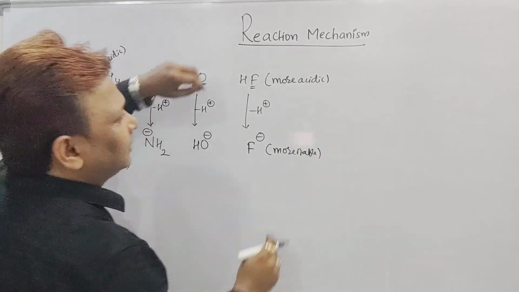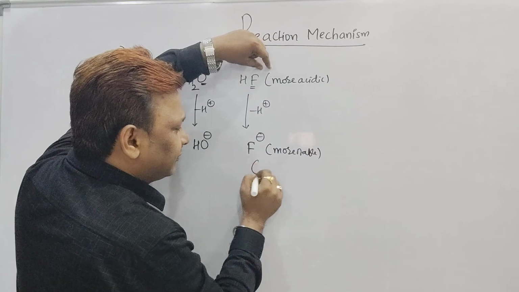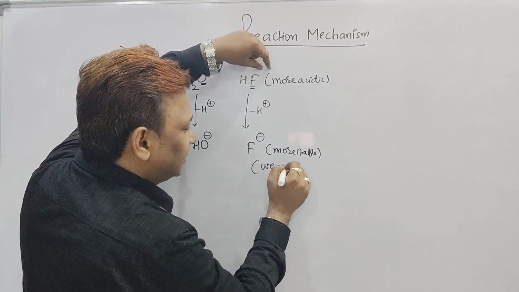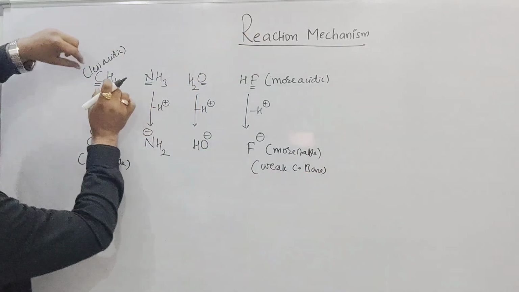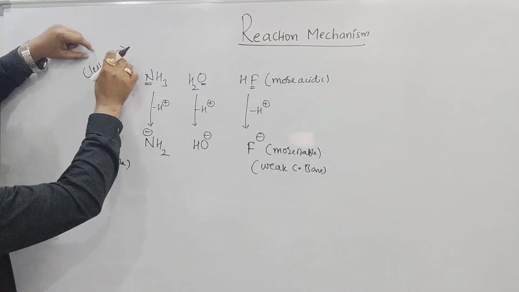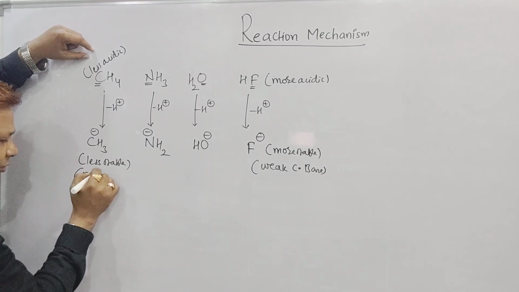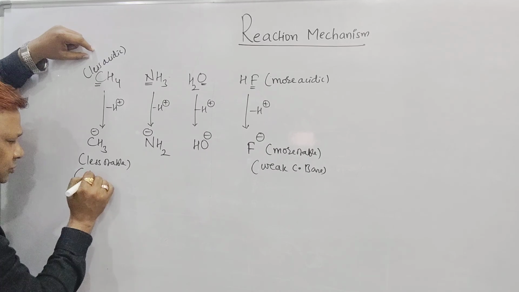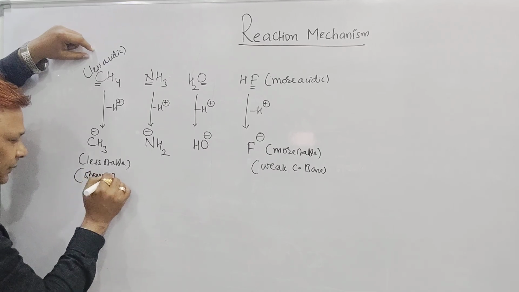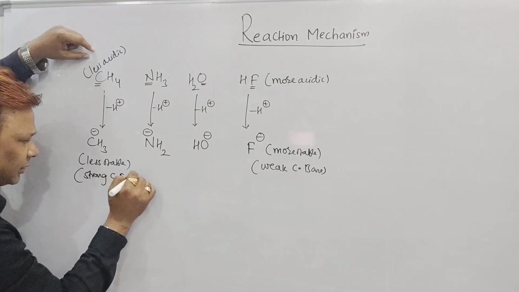Now you tell me, beta, if your acid is strong, its conjugate base is what? Yes, sir. It is a weak conjugate base. Beta, if your acid is less acidic, weak acidic, that means its conjugate base will be considered a strong conjugate base.